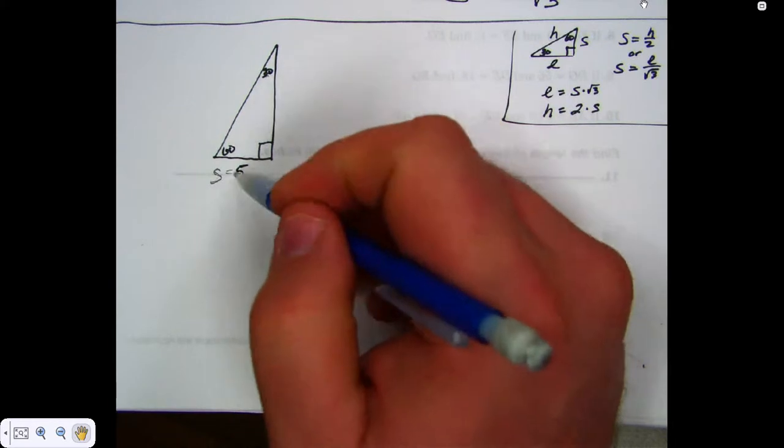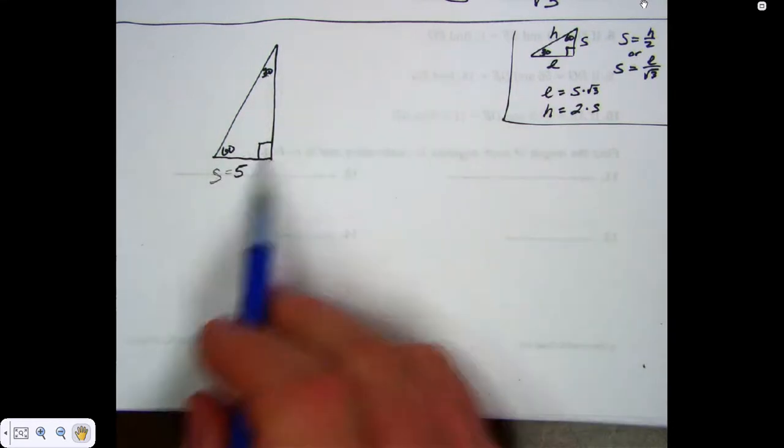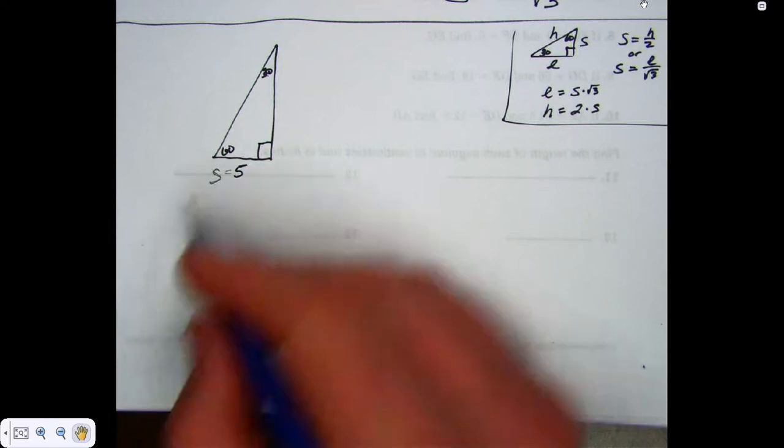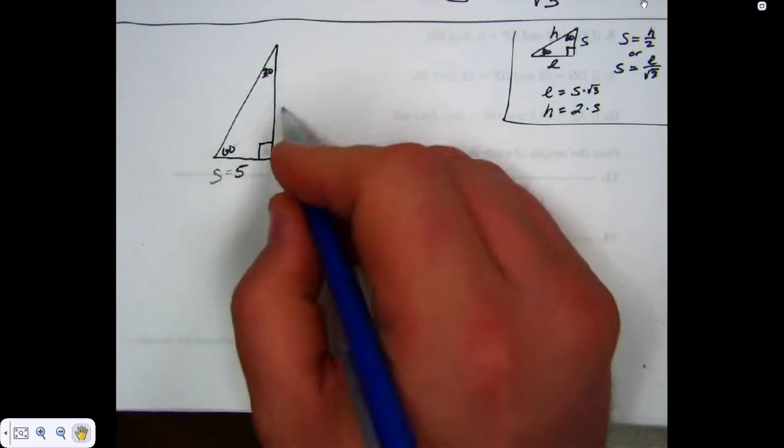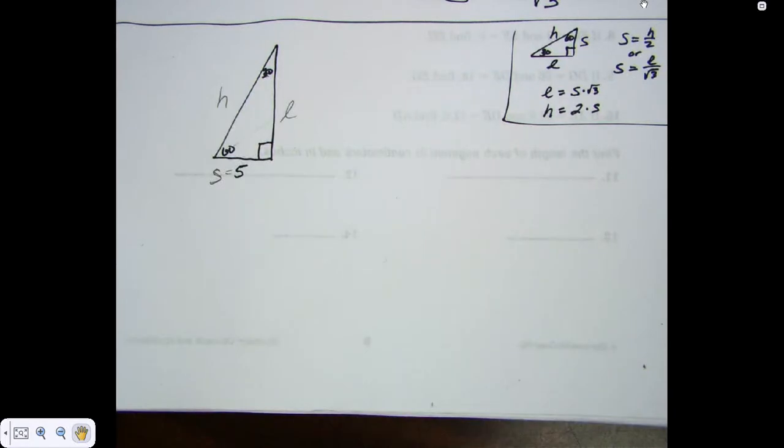Yes. So that's the S, the shorter leg. What's L, the longer leg? The one to the right of it or the one to the left of it? The right. Why? Because it's opposite the 60-degree angle. So that's L. What is H? The one opposite the right angle. So have I labeled S, L, and H? Yes.